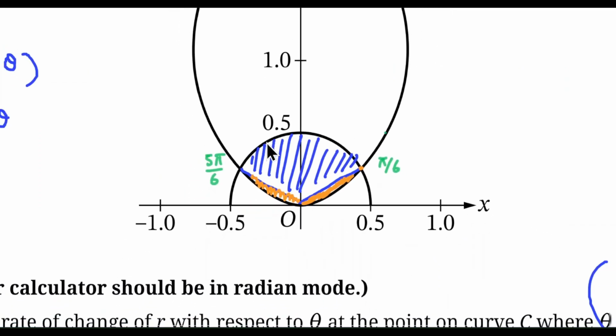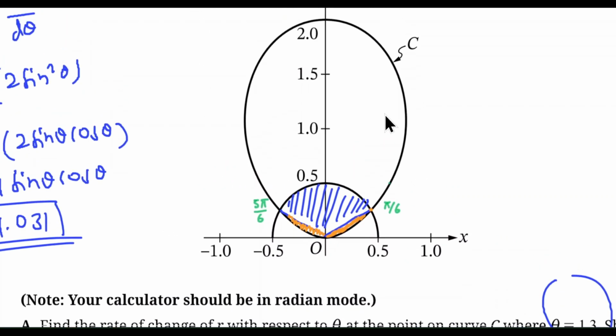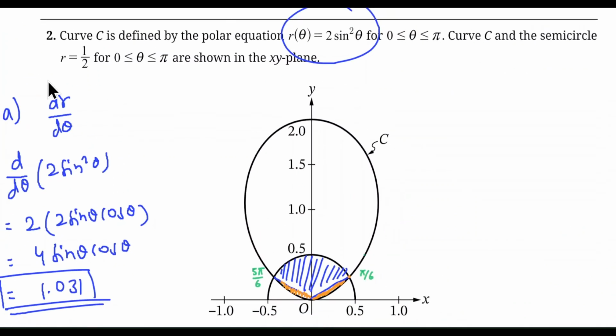Let's write the area. Let's write the orange area first. The orange area corresponds to the C surface, or the curve. That orange area is going to look like 1/2 of r squared d theta, where r is 2 sine squared theta, all the way from 0 to pi over 6.